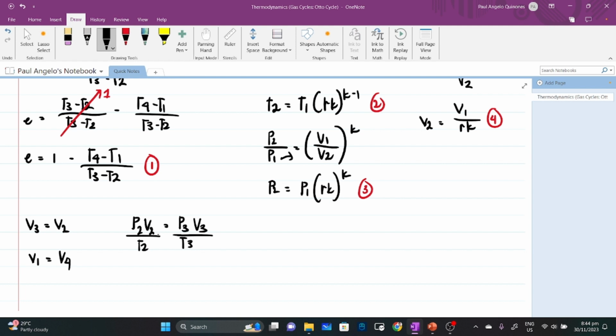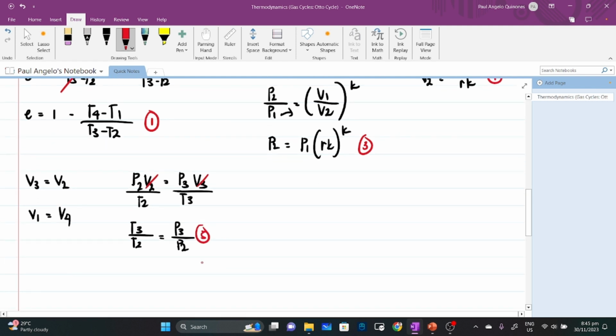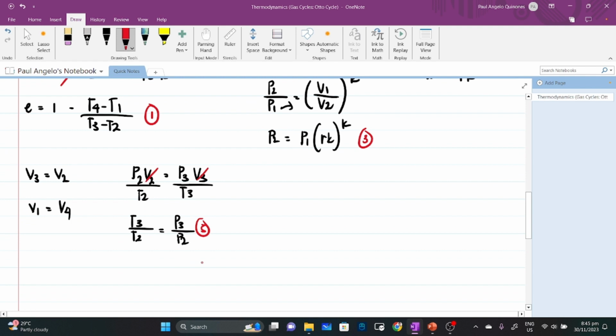Since this one is an isochoric process, volume will eventually cancel out. If I perform separation of variables, I will have T3 over T2 is equal to P3 over P2. So this one is equation number 5. I can immediately solve for volume, temperature, and pressure at point number 3.